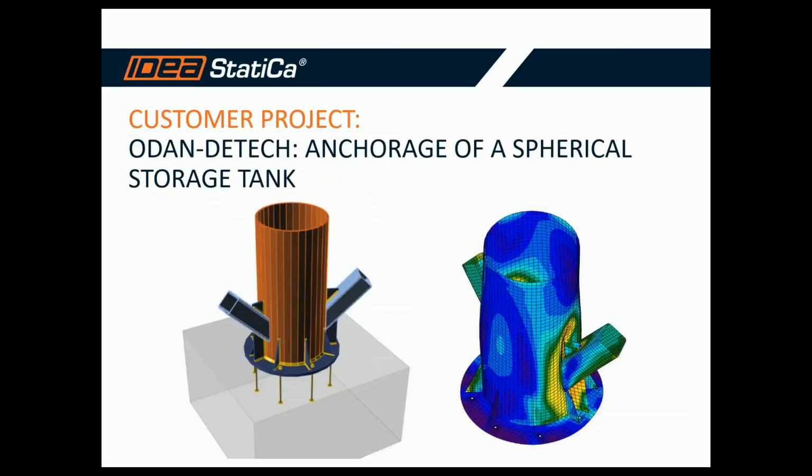So what will you see today? The first project, or the main project, will be the Anchorage of a spherical storage tank made by a company Odin from Canada, and Adam will tell you more about this project in a while.